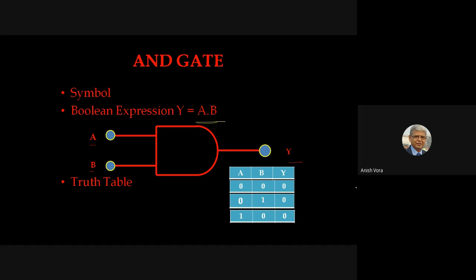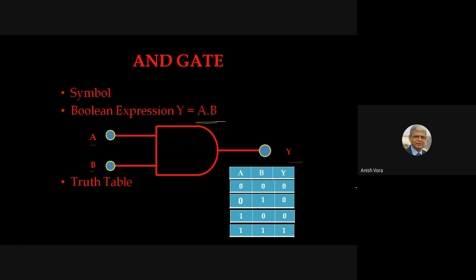For 1 0, the output is again 0. In the last condition, 1 1, both inputs are at high level, so the output is high. That is the characteristic of the AND gate: only when both inputs are simultaneously at the high level do we have a high output.